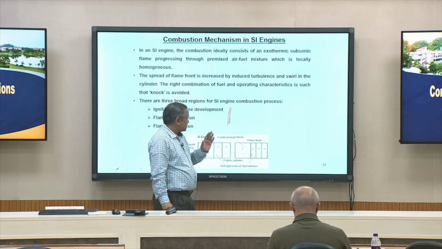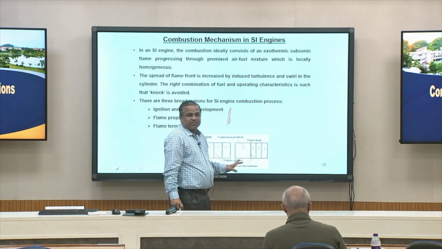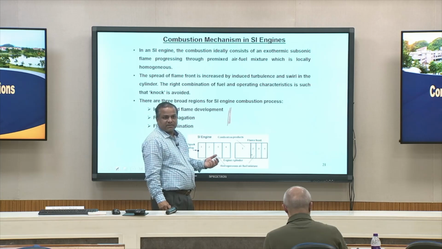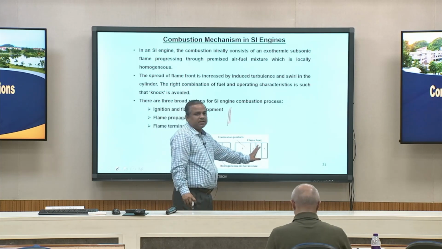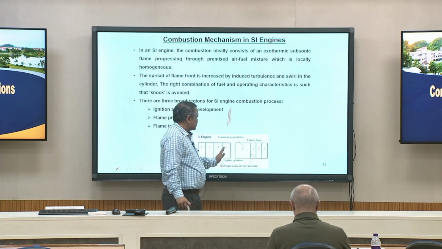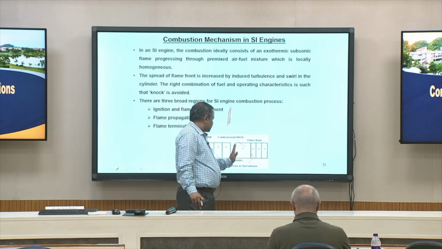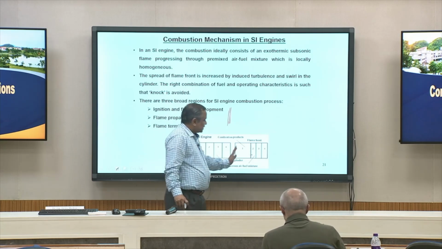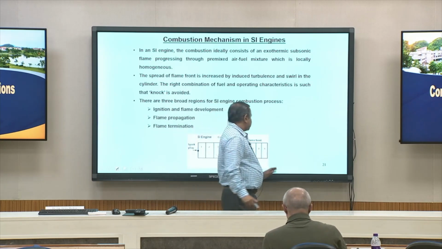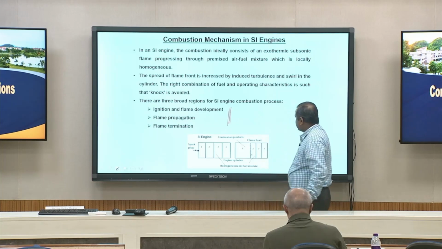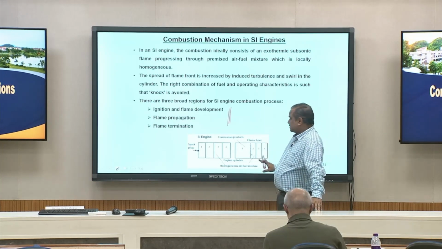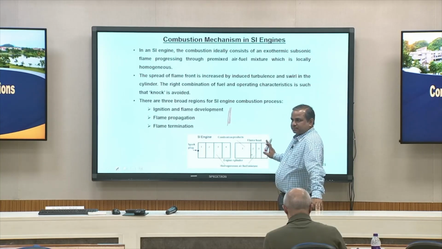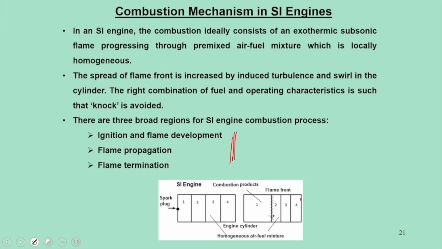Its main role is to consume all the fresh charge, and while doing so, it should not consume at any intermediate location. It should consume all the charge as it travels from the spark plug location till the end. All the fresh charge has to be consumed only when the flame reaches location 4. That is the most ideal situation.